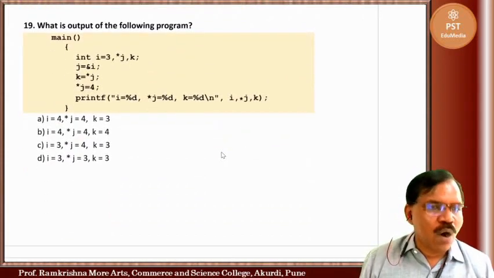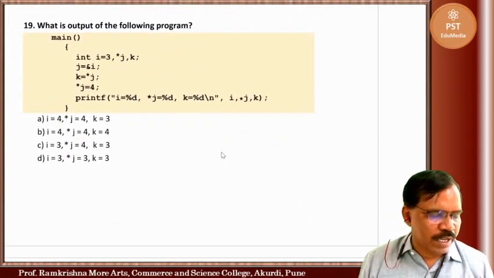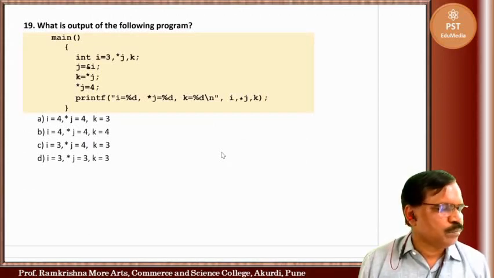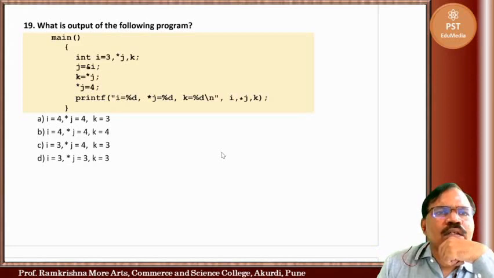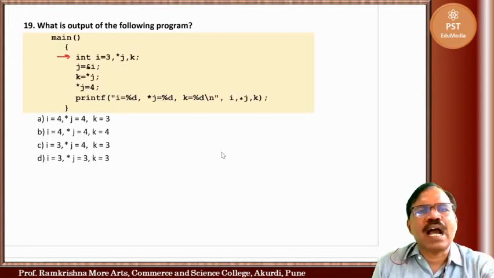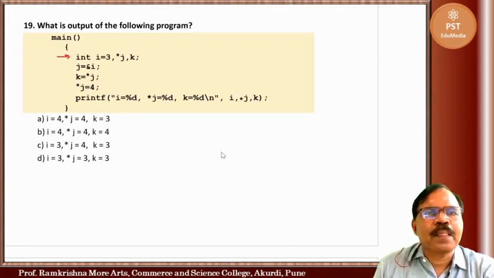What is the output of the following program? Here main, then in curly braces int i equal to 3, *j, k. Here j is a pointer.